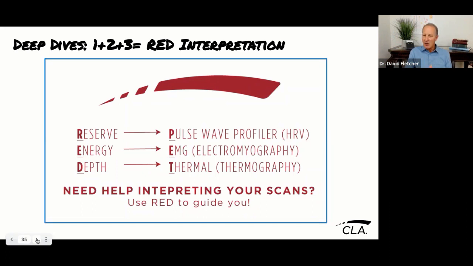But I think I've established that if we were to use the acronym RED, what we would stand for is R, the amount of adaptive reserve that person has within their functioning autonomic nervous system. E stands for energy. And we know that if somebody is out of balance structurally, or that they've adopted a neurostorm posture, which I'm going to go into, they are wasting energy at an incredible level.